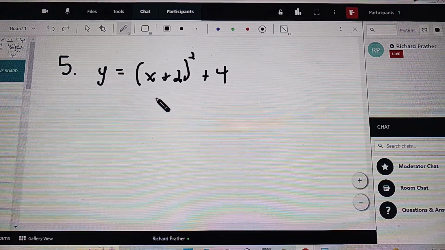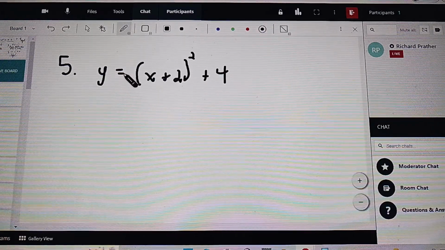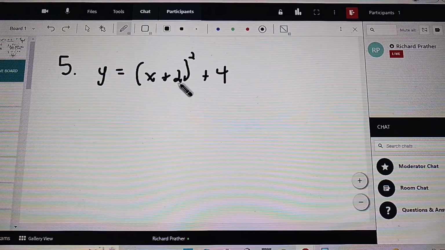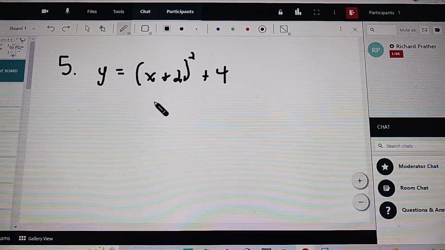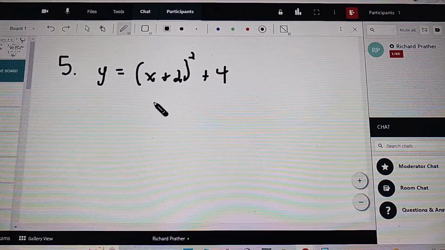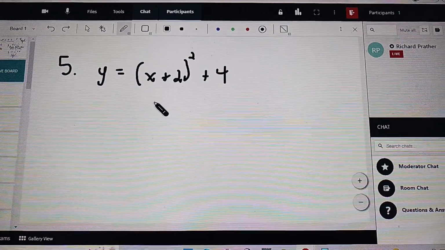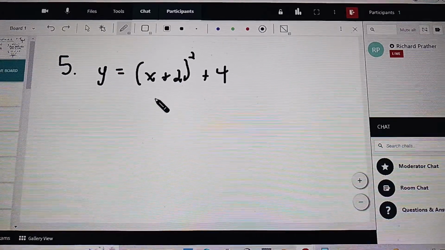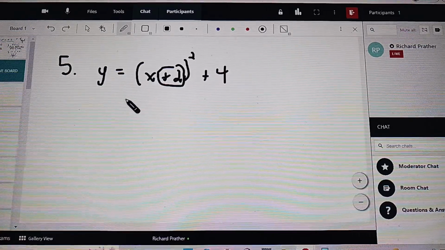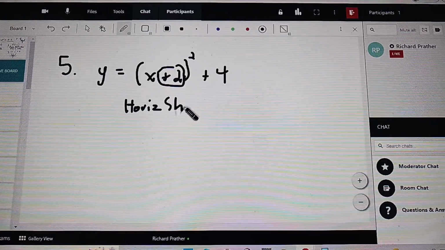So the way I always remember it is, if the change is inside a grouping symbol like a parenthesis, or say a square root, or an absolute value bar, whenever the change is inside with x, then it affects x, and does so in the opposite way. And adding and subtracting are shifting left and right, multiplying and dividing are stretchings and shrinkings, and a negative is a reflection. So this has a plus 2 inside with x. That's a horizontal shift, because it's a plus.